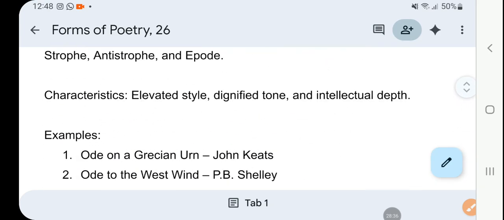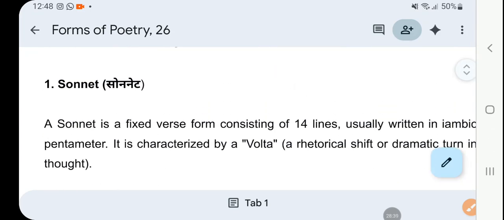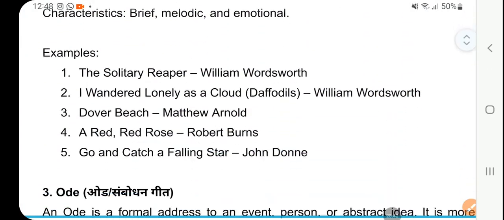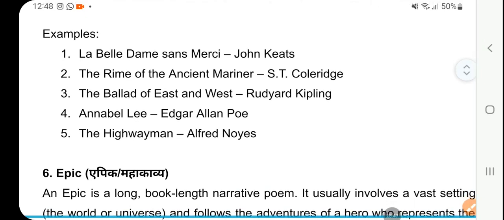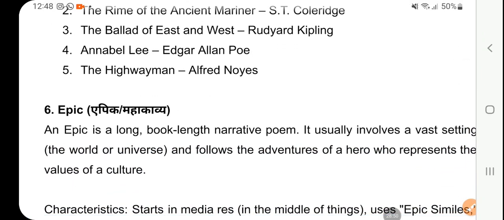Just remember all these six forms: first is sonnet, second lyric, third ode, fourth elegy, fifth ballad, and sixth epic. Then you can do a comparative study. Make six columns, write the name of each form of poetry, and for sonnet write 14 lines, and for ode, address or something like that. Write keywords and then you can do a comparative study. This way you can remember all these forms very nicely.